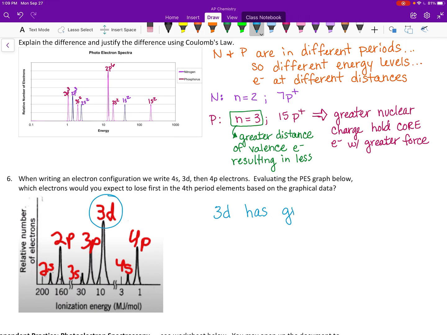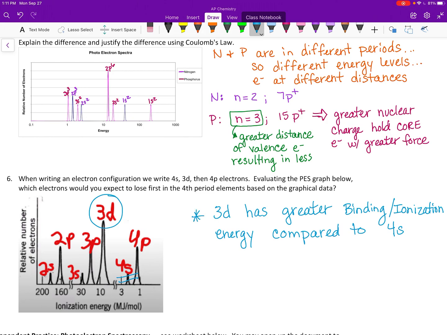So the 3D has greater binding or ionization energy compared to the 4S, okay, which is right down here.